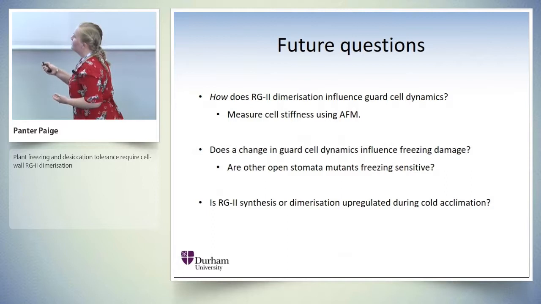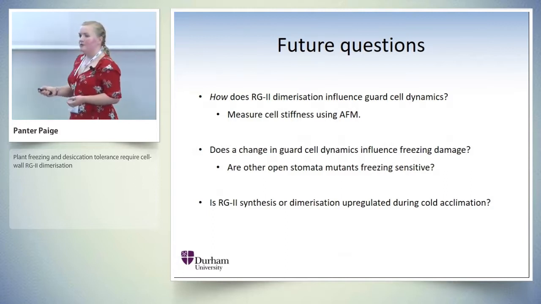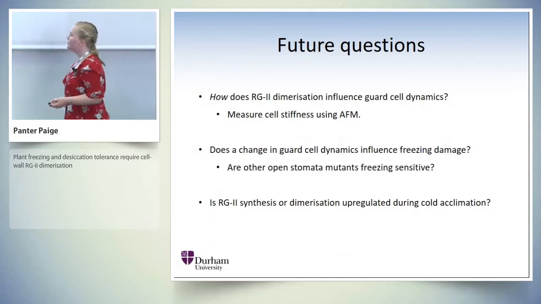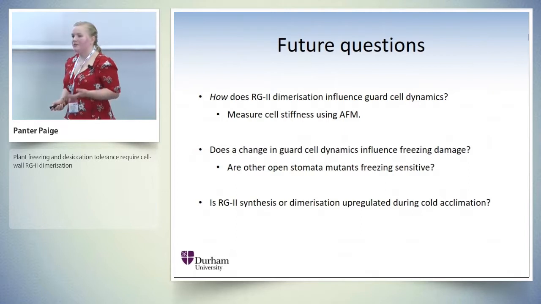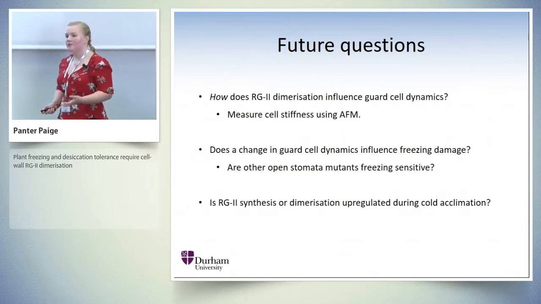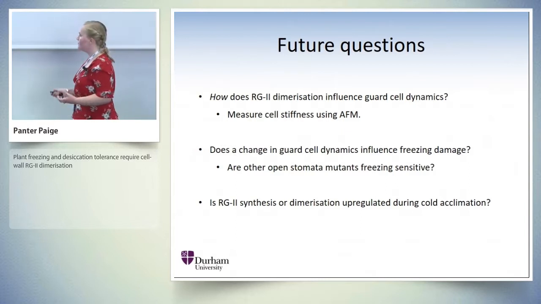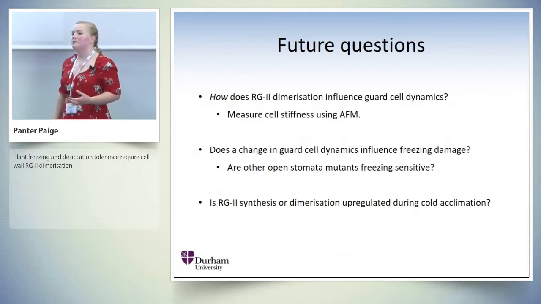Now also, going back to the freezing phenotype of SFR8, does a change in guard cell dynamics influence freezing damage? And we know that actually the stomata can be a point of entry for ice growth that can then result in damage within the plant. So what I want to do is check some other open stomata mutants and see if they're freezing sensitive.